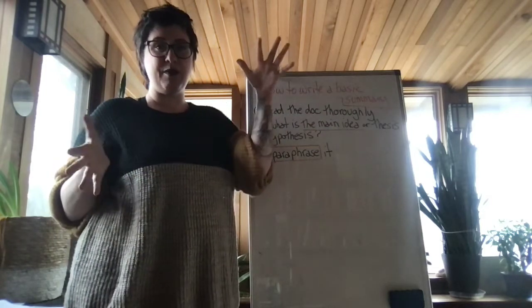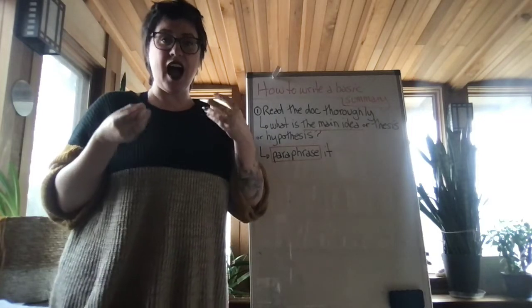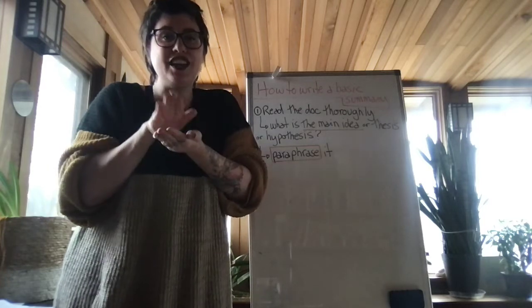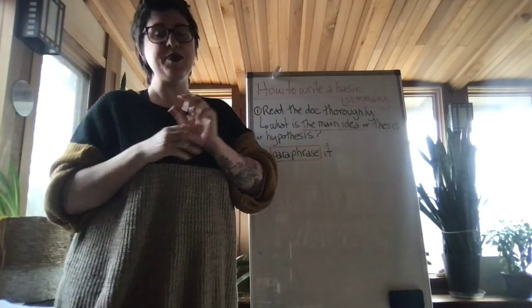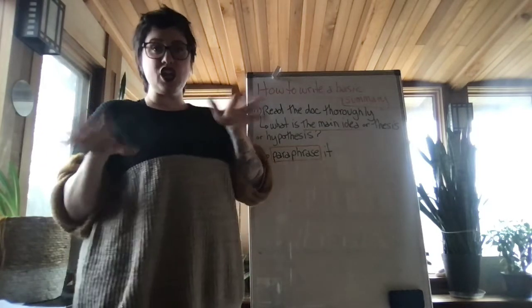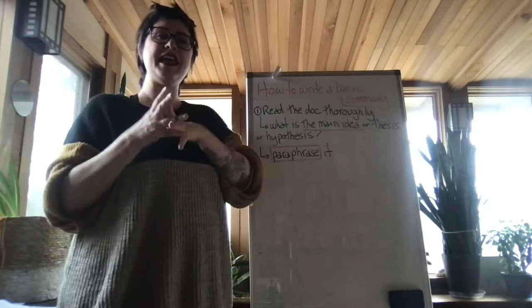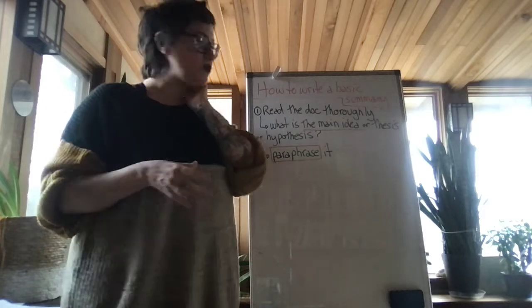You want to be able to deliver the essential parts of that research in your essay in a condensed miniature form. Okay. So we're going to talk about that kind of summarizing first, which is how do we take a full document and summarize it?